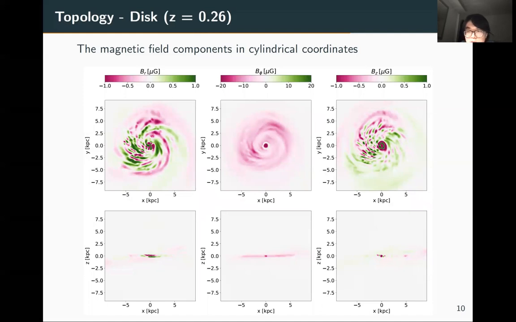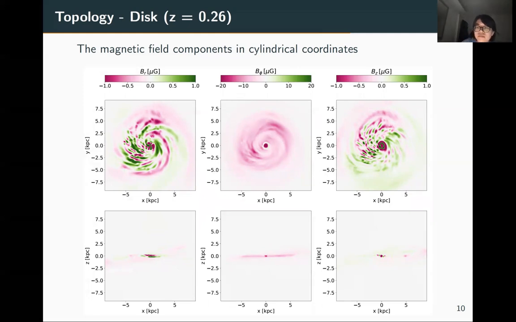The orientation of the toroidal field is the same across the disk. However, the field strength of the vertical and the radial components is much weaker than the toroidal field. They also exhibit small-scale structures, with the field orientation flipping multiple times at a given radius.